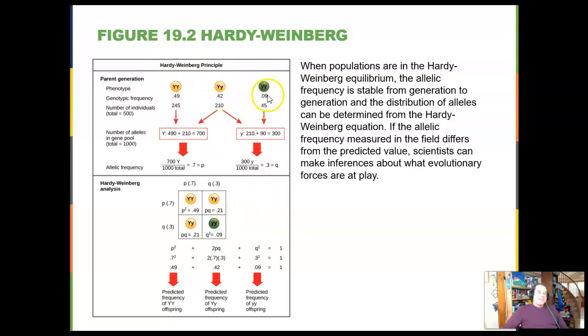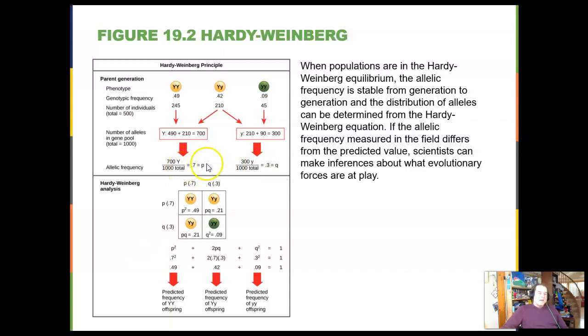But you can get the exact same ratio of alleles, 0.7 to 0.3, with different numbers right here. There's more than one mathematical solution to these numbers that will get you these two ratios.